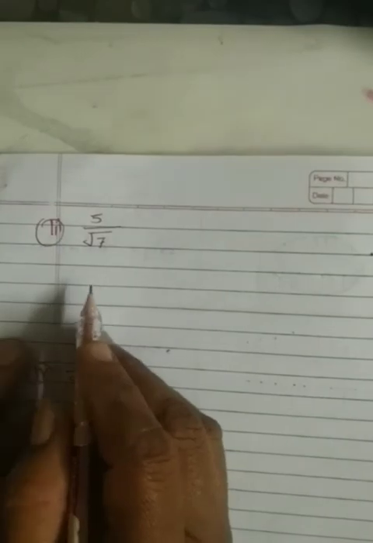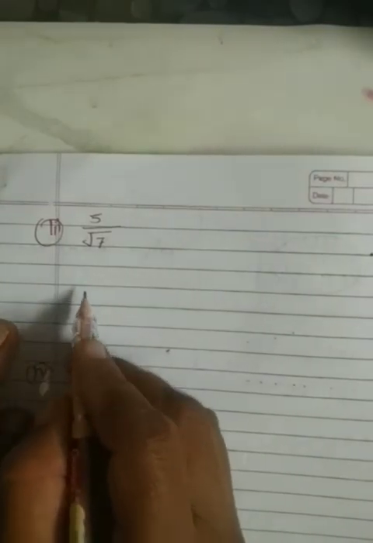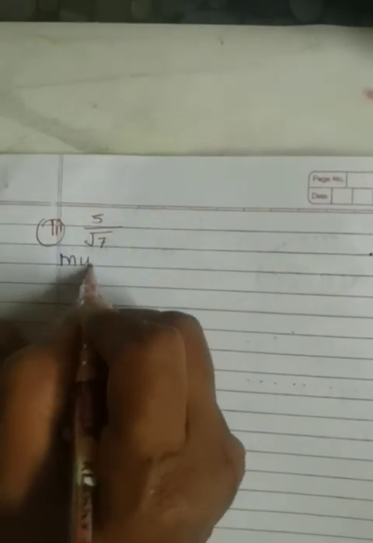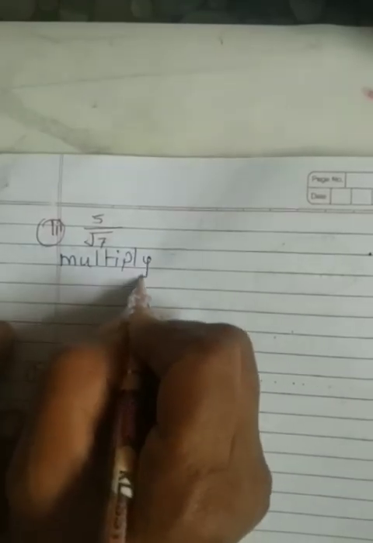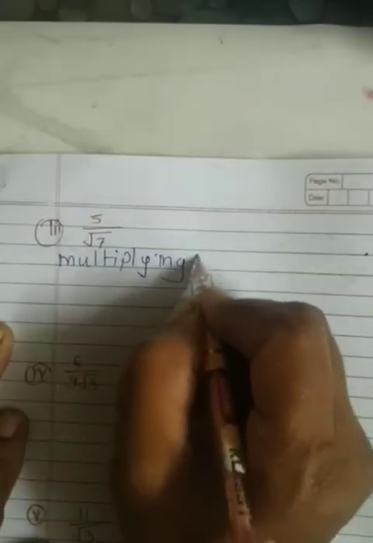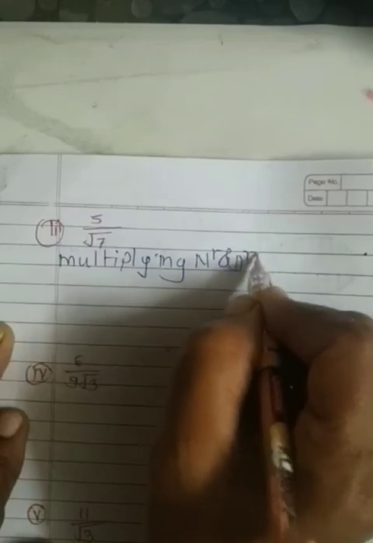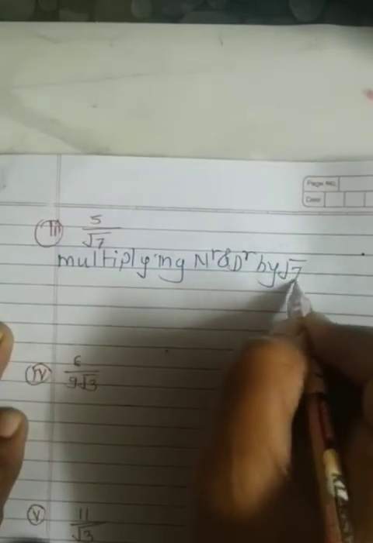Now the next one, example number 3 of the same practice set. Pi upon root 7. Here the rationalizing factor is root 7, so we multiply numerator and denominator by root 7.